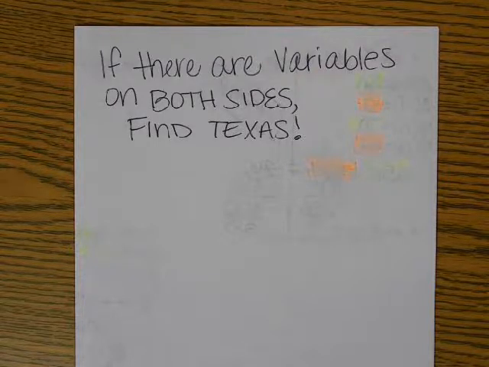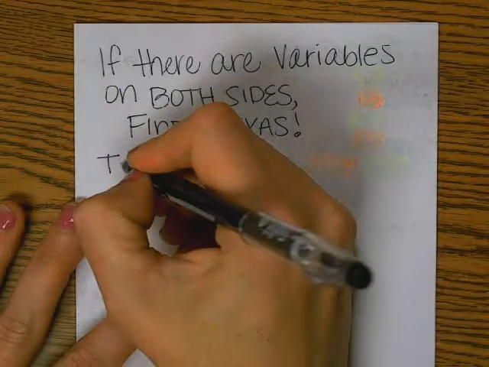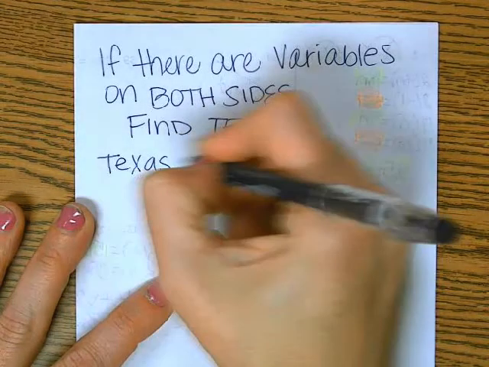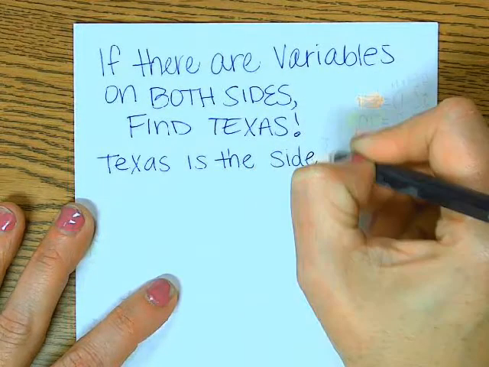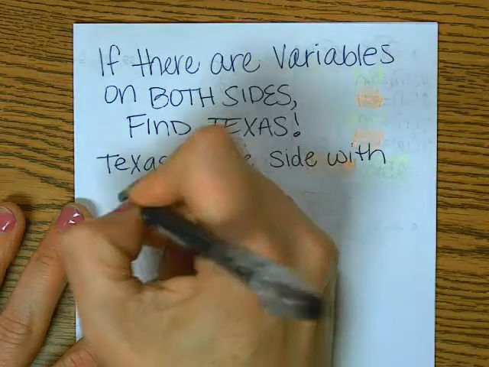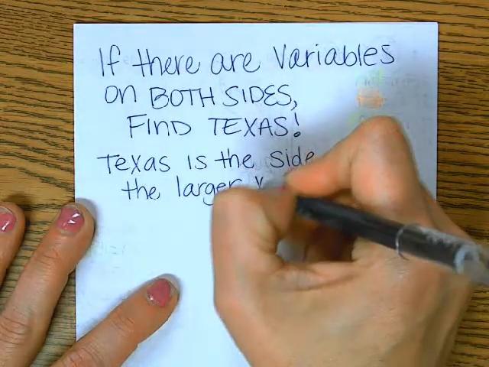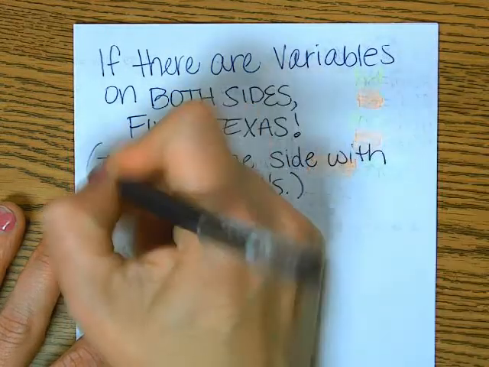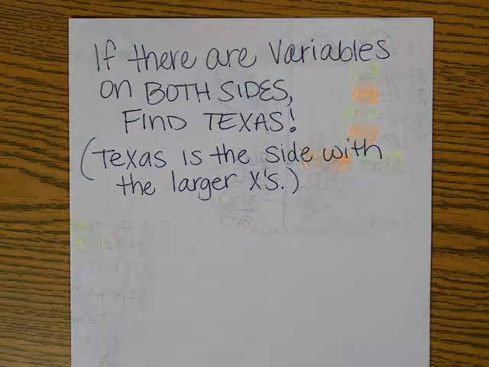Everything is bigger in Texas. So I want you to find the side that has the larger x's. Texas is the side with the larger x's.